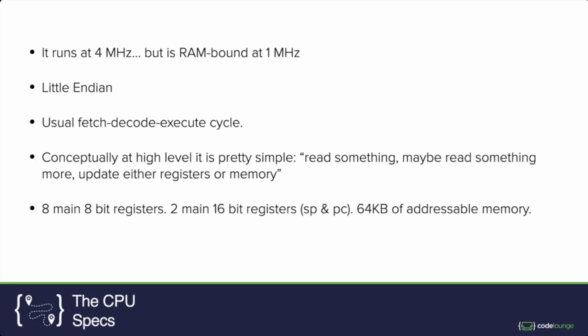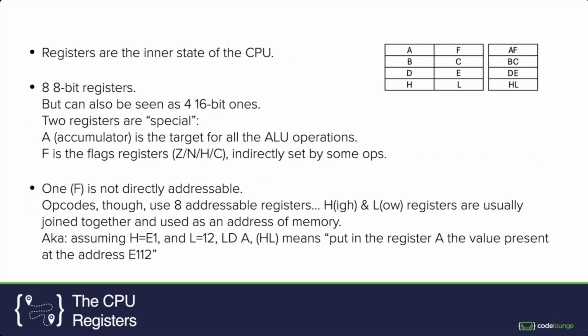Since you have 64K of addressable memory, you have two main 16-bit registers, the usual stack pointer and program counter. The other 8-bit main registers are slightly more complicated, in the sense that you have 8 of them, but more often than not, you will find them joined together so that, for example, registers B and C, you can see as a 16-bit register BC.